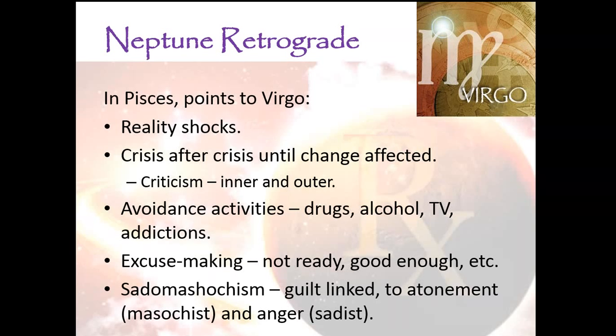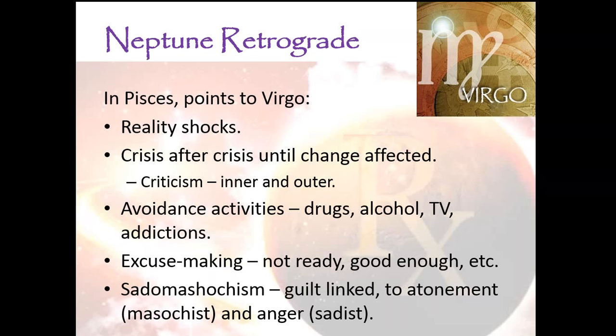We start to become aware of that cycle of crises in our life. We become aware of how we have that inner criticism that then reflects into outer criticism with others or with our environment. And so when Neptune's retrograde, we really have an opportunity, especially in Pisces, of being able to change this patterning.